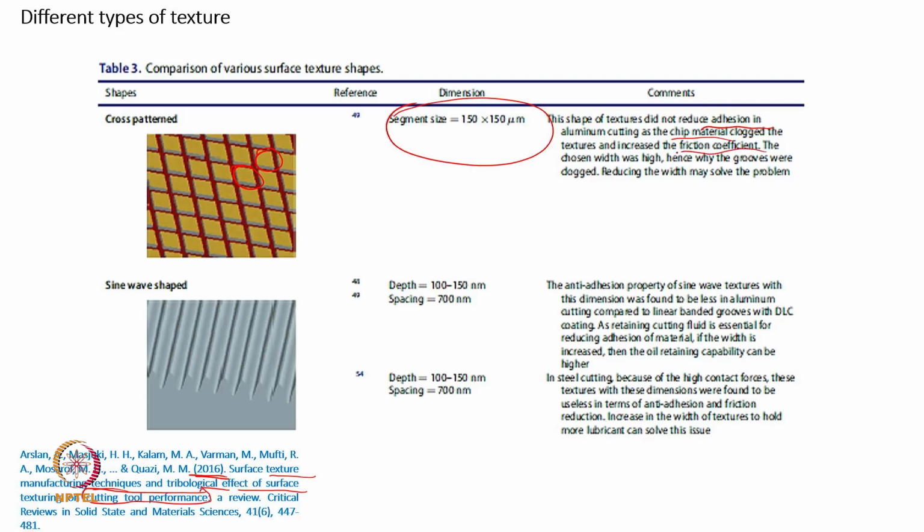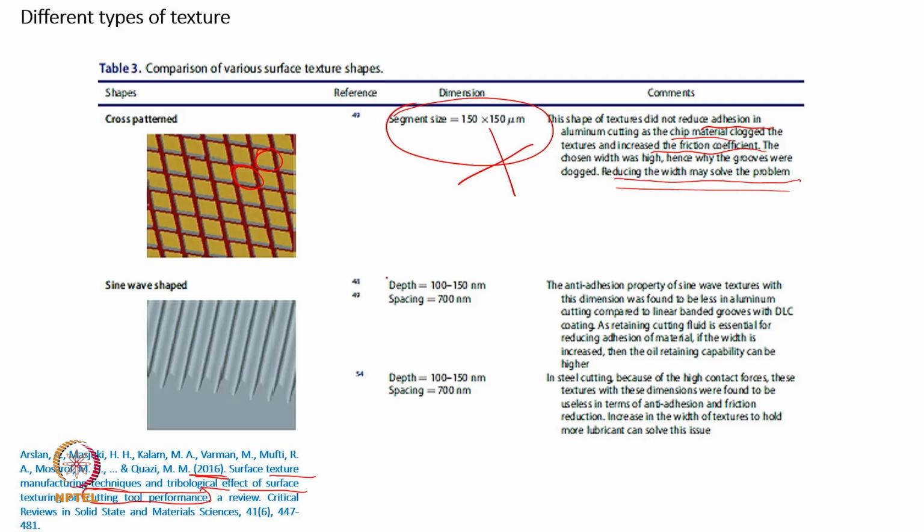Because of the clogging of the texture, particularly with the chip, the friction coefficient increases significantly. So, in this situation 150 by 150 micron texture is not recommended. Reducing the dimension may solve the problem; that is what the literature indicates.